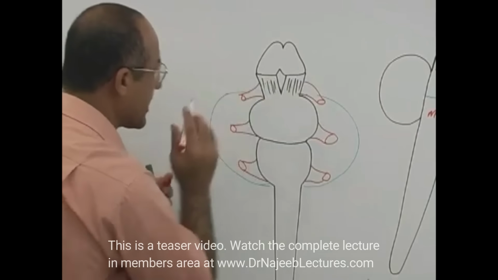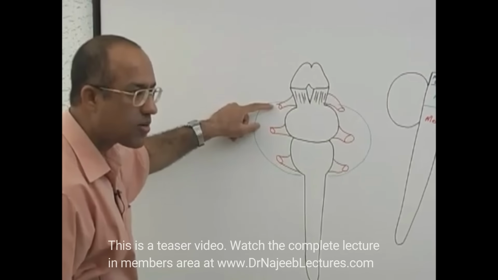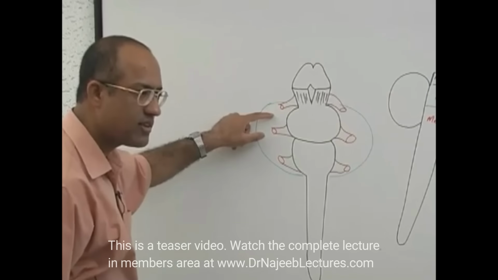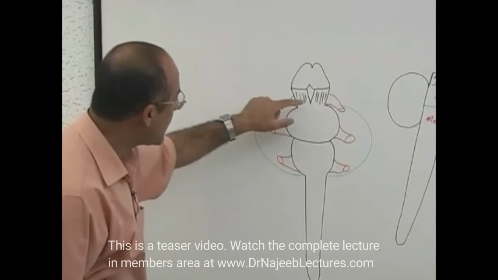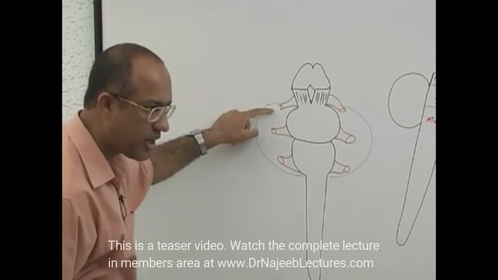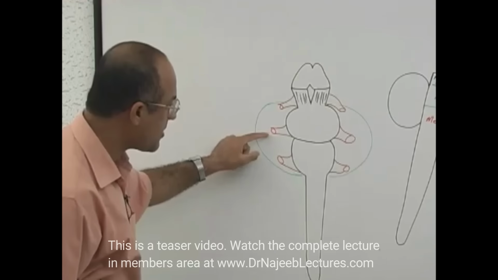Now what are these peduncles? These are bundles of white matter which connect the brain stem with the cerebellum. The superior peduncle connects the midbrain with the cerebellum. The middle peduncle connects the pons with the cerebellum.